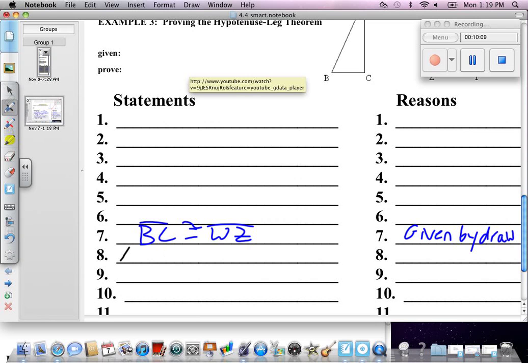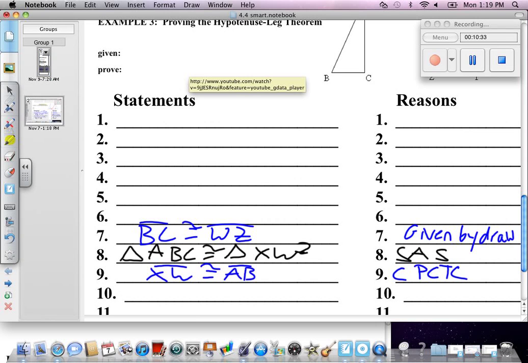Then we therefore know that triangle ABC is congruent to triangle XWZ by side, angle, side. And then we know XW is congruent to AB, and we call this corresponding parts of congruent triangles are congruent, which just means exactly what your extra credit question was.